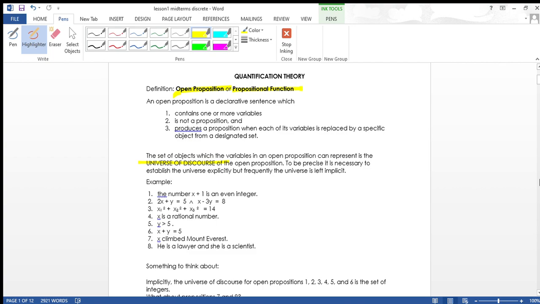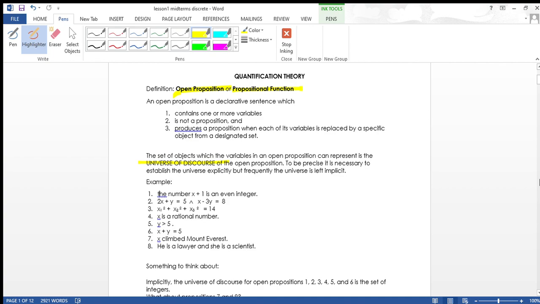So let's take the example. The number x plus 1 is an even integer. So this sentence is an open proposition. Why is it an open proposition? Because this sentence is not true, it's also not false. We don't know the truth value yet of this sentence because we don't know what specific value we will be using for the variable x.